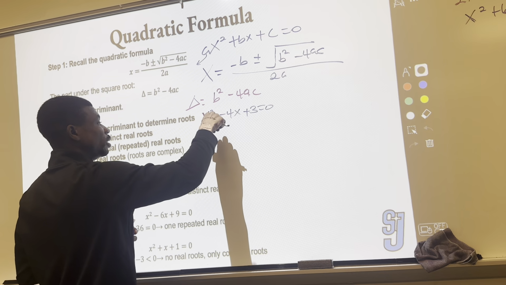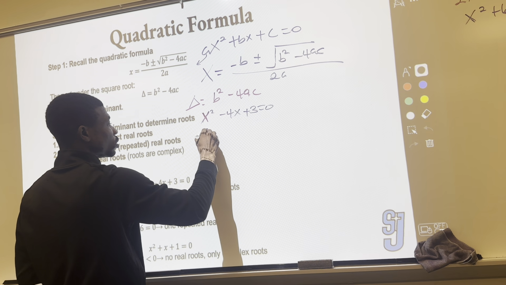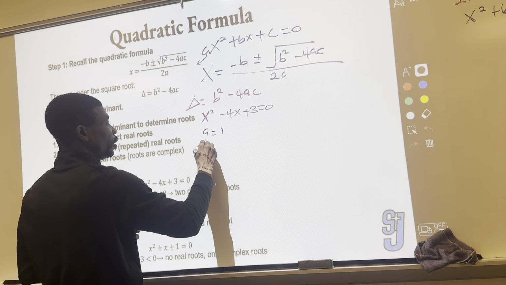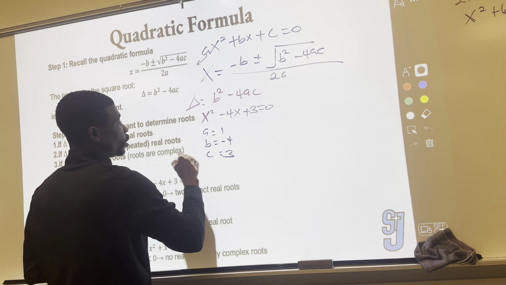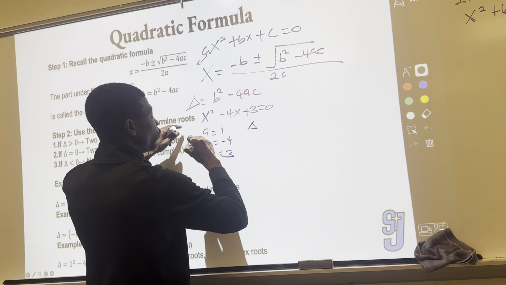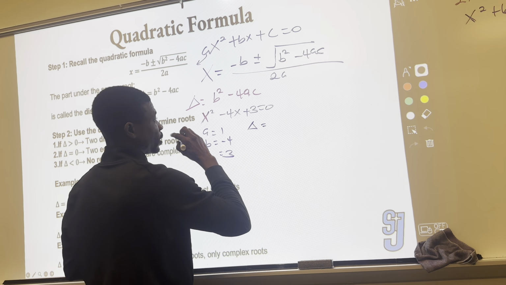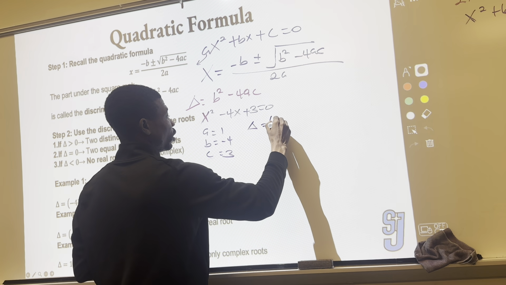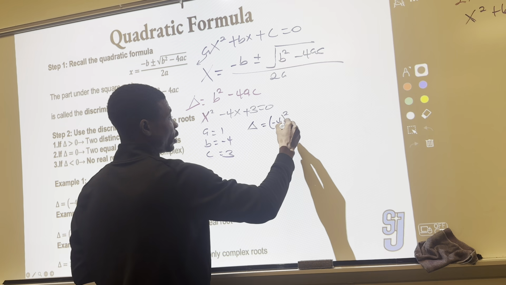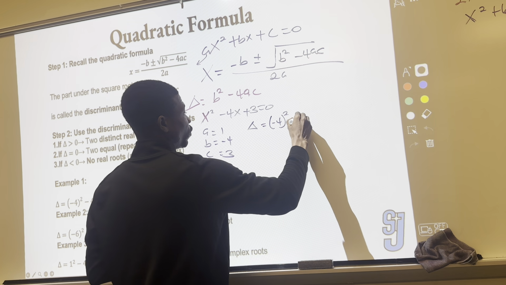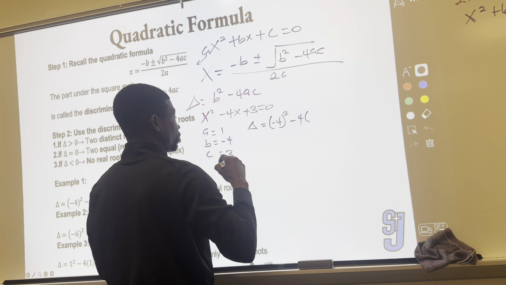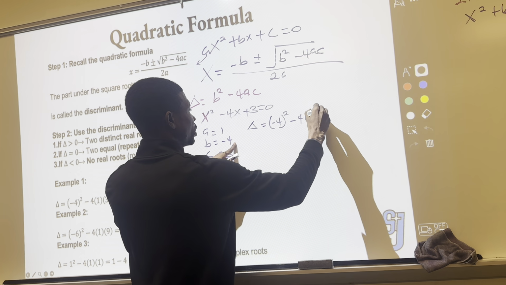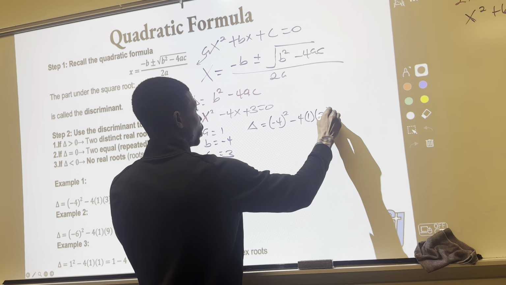So I plug in a equals 1, b equals -4, c equals 3. So what do I have? If I'm looking for the discriminant, I have -4 squared minus 4 multiplied by 1 and multiplied by 3.